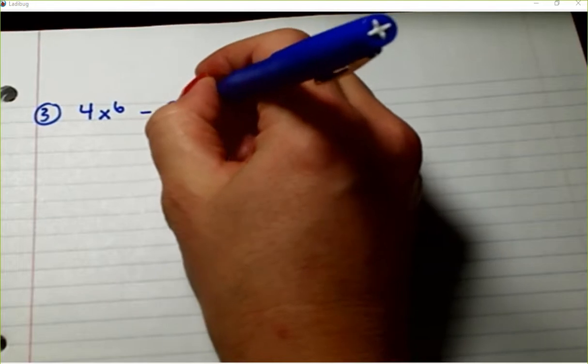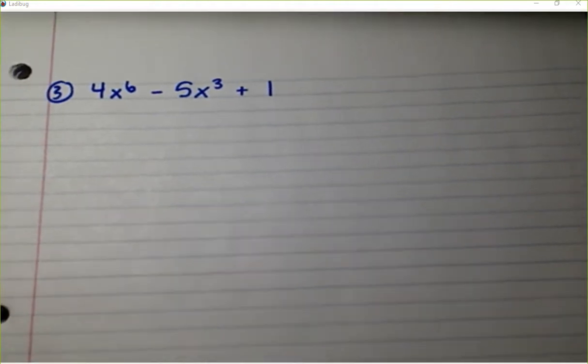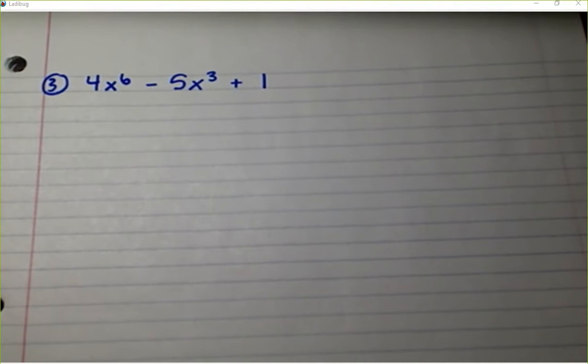Okay, 4x to the 6th power minus 5x cubed plus 1. All right. Is it a quartic form or is it in the quadratic form?